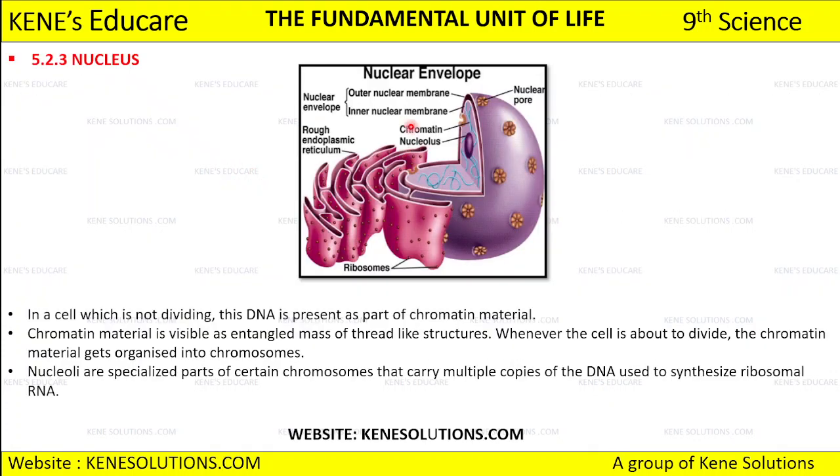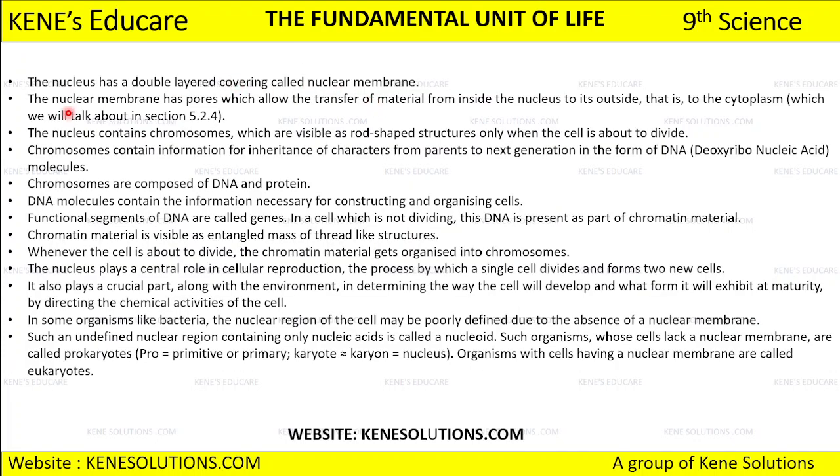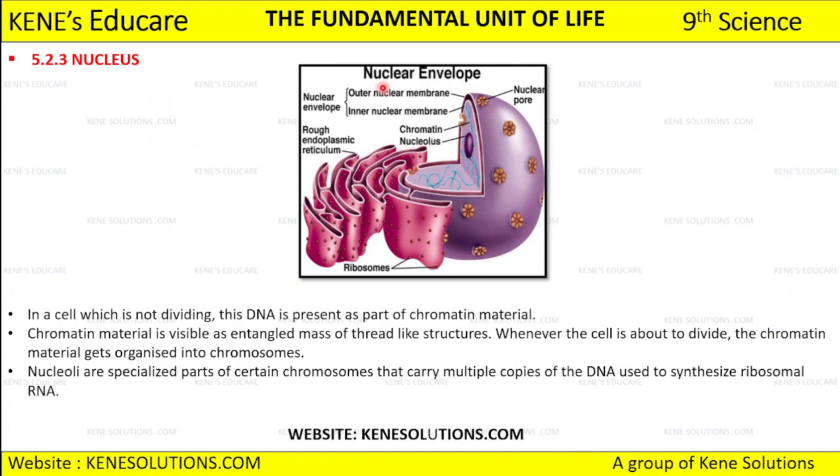Now, as I said, our nucleus has two membranes. So we have the outer nuclear membrane and the inner nuclear membrane, right? So the nucleus has a double layered covering, and we call this double layered covering the nuclear membrane. Okay. Now you can see that on the nuclear membrane we have certain pores which are present, right?